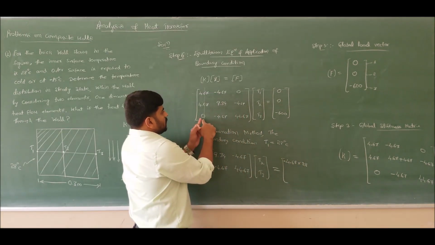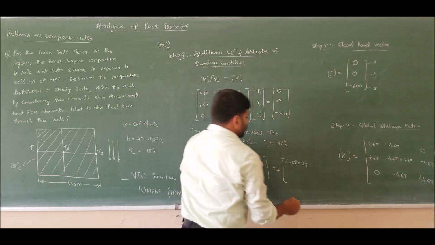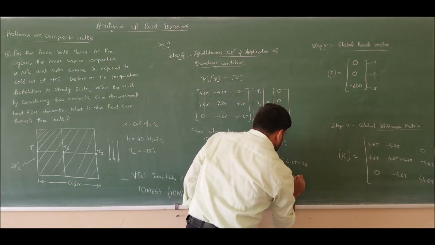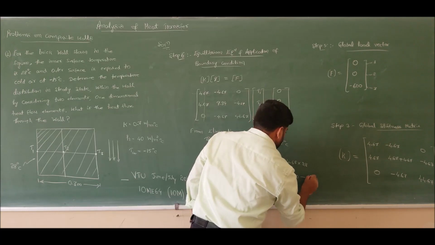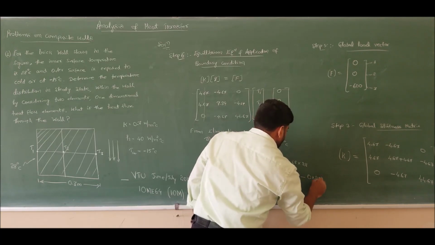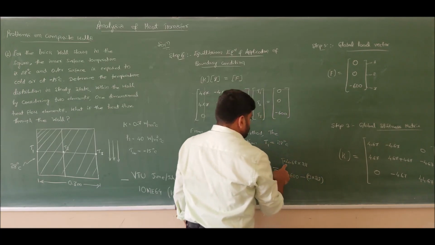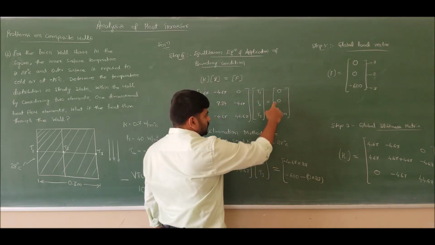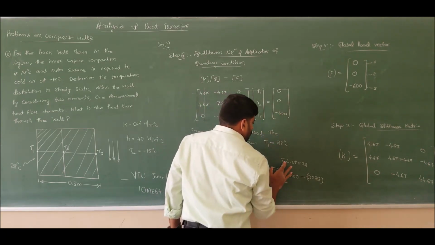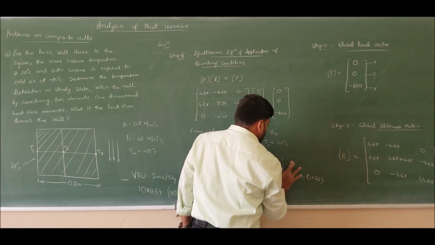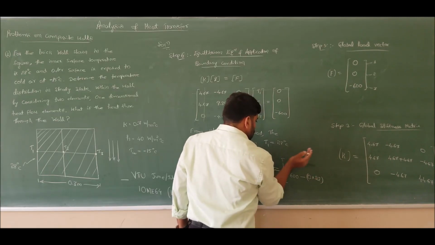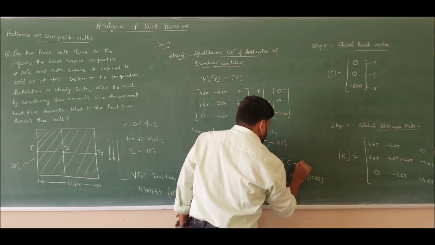Then I have 0 multiplied with T1, take it to RHS, I will get minus 600 minus 0 times T1, that is 28. So here I already have 0, so it should be 0 minus 4.67 into 28.